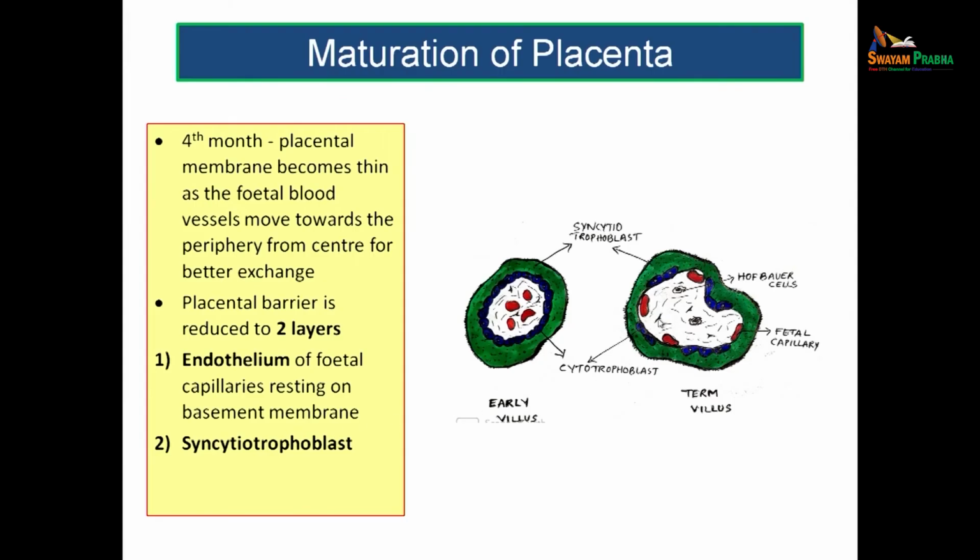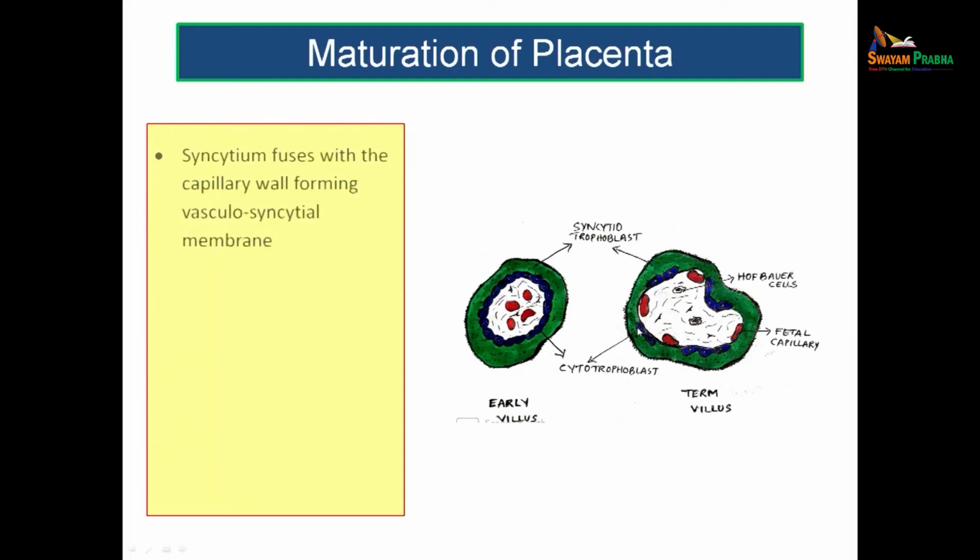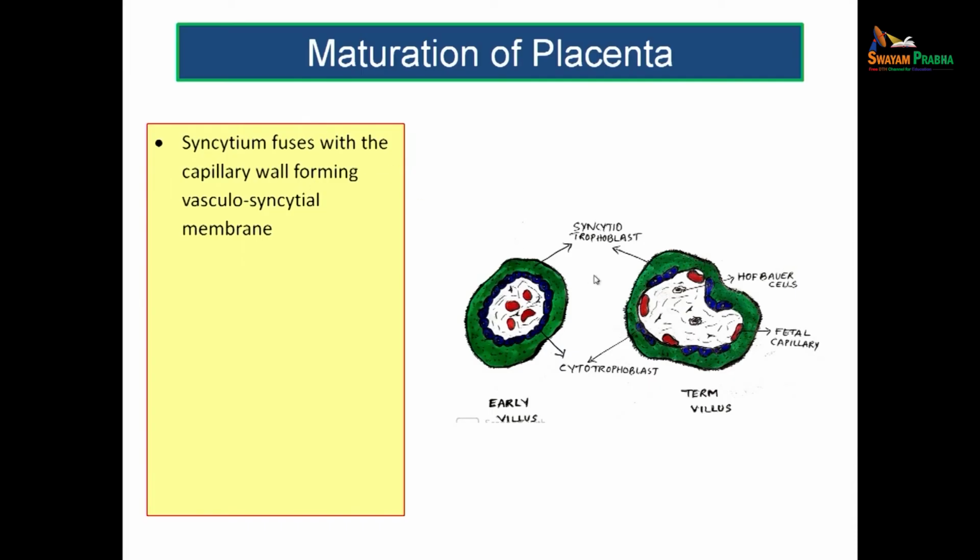If you see the layers from the fetal capillary to the maternal blood, the first thing will be the fetal endothelium, resting on its basement membrane. Then you have the syncytial trophoblast. The cytotrophoblast layer is actually missing. Now, the syncytium fuses with the capillary wall, forming the vasculo-syncytial membrane.